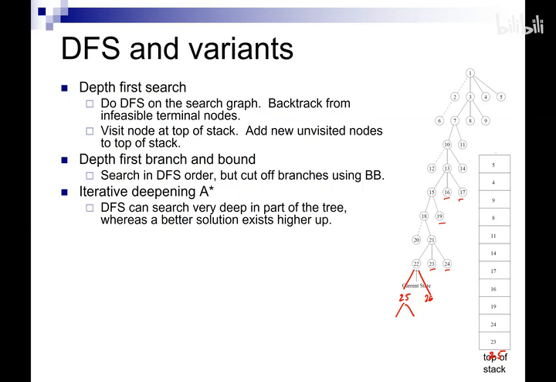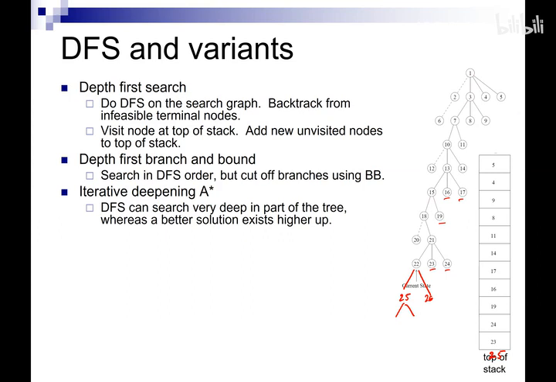Okay, so there's also what's called iterative deepening A star. The idea here is that this is basically like DFS, except the problem with DFS is that because it's depth first, it can go very deep into the tree first. So here you see that we've gone very deep into the tree, but we're not exploring the top parts of the tree.